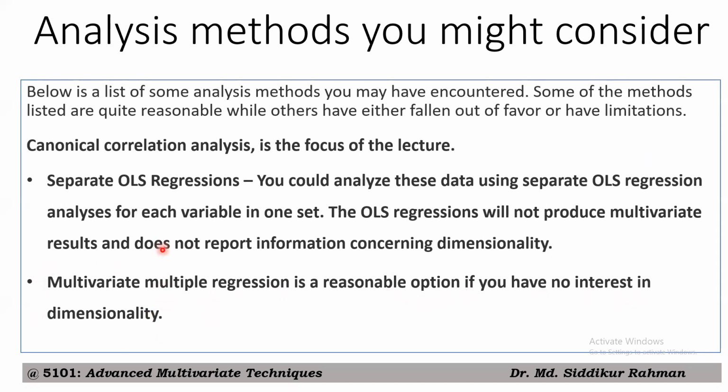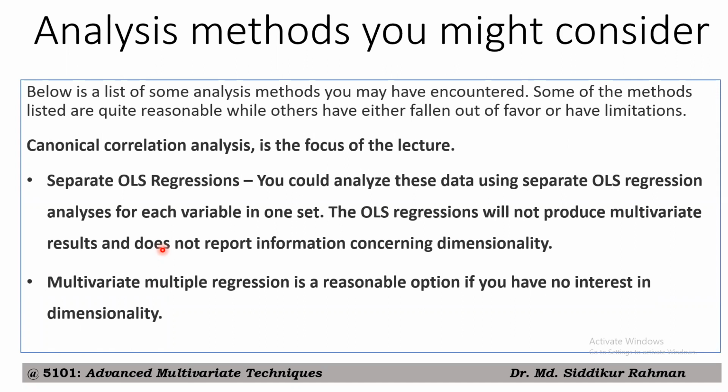The main focus of canonical correlation is if your objective is to find the dimensionality of your variables, if you want to see the most important canonical variables, if you want to see the most correlated variables. These are the objectives. If you have interest in these objectives particularly, then you can use canonical correlation.